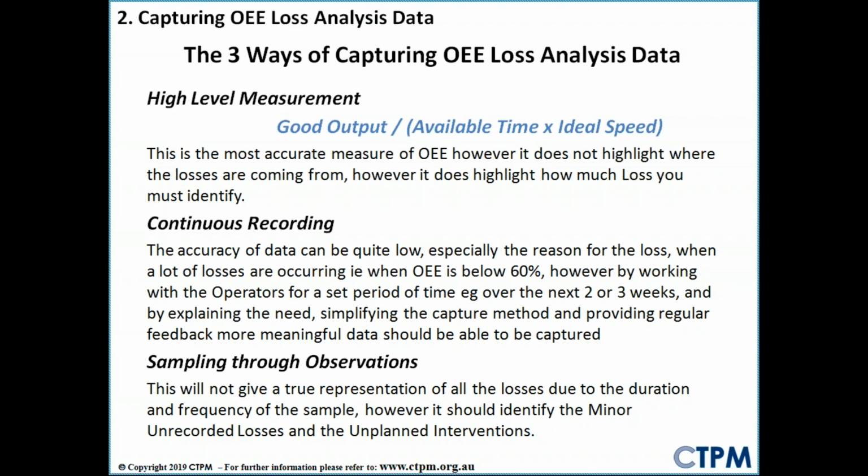That information you can grab quite easily and you can calculate high-level OEE. In some cases, people do it on an hourly basis or a continuous running basis in some recording systems.